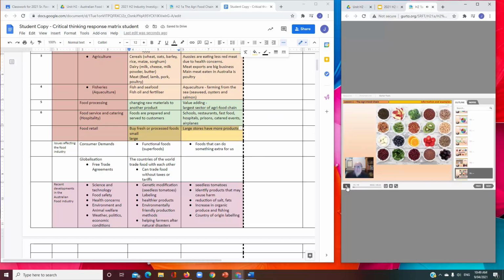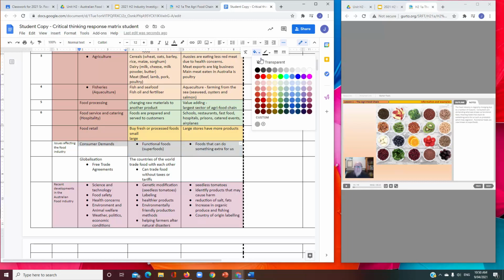This next sector talks about issues affecting the food industry. I didn't write that down, and I probably should have, but hopefully you can gather that. And you can see that this one is about consumer demands, and they're looking for functional foods, so we highlight that area.